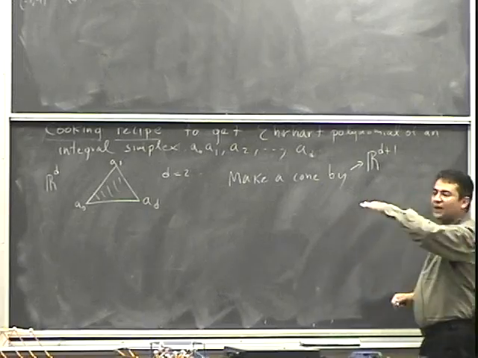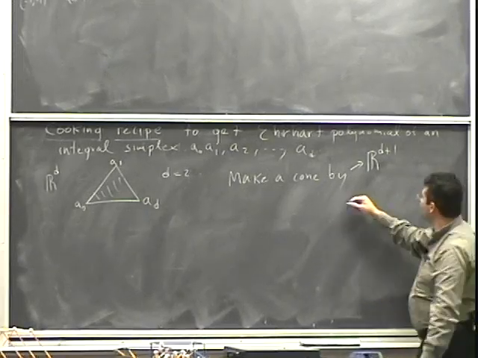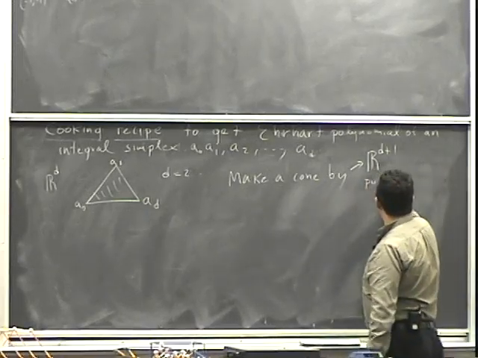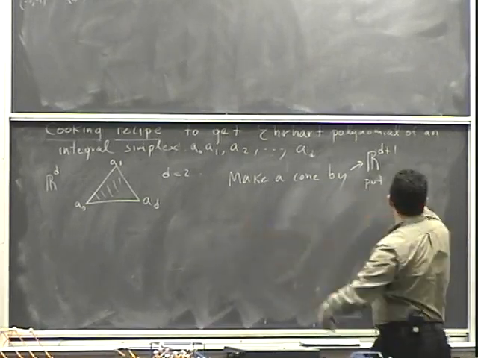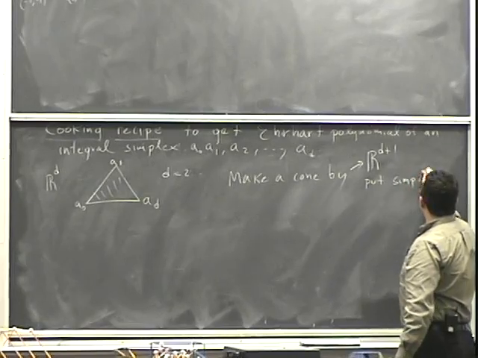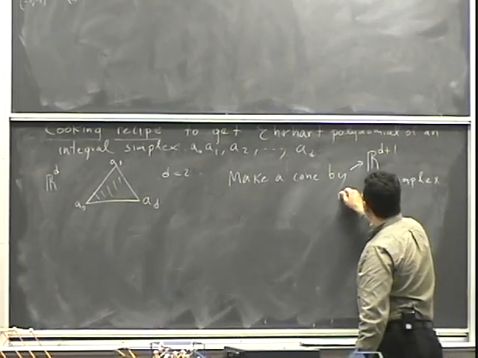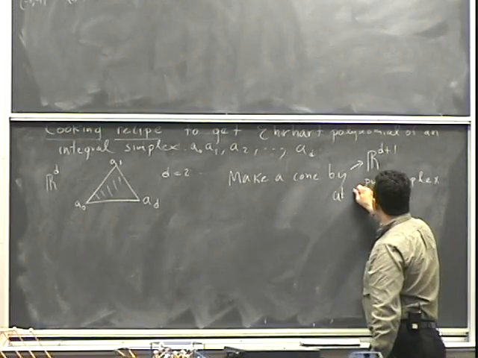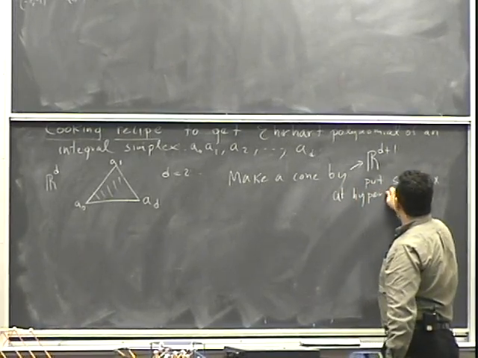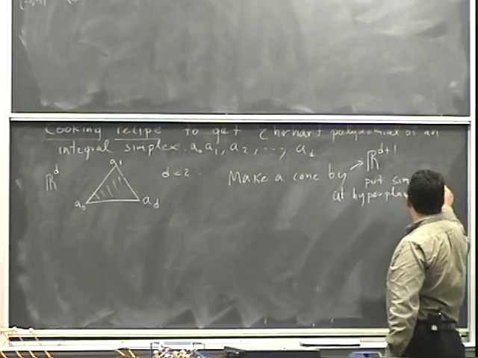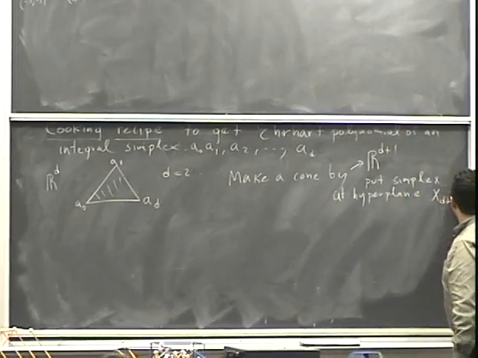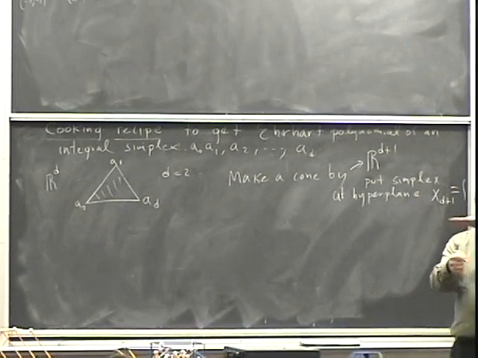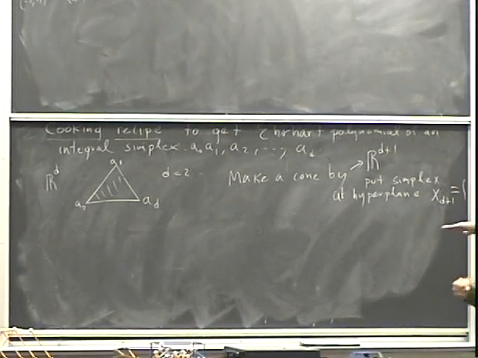You put it in the plane of level 1. So put the simplex at the hyperplane x_(d+1) equals 1. So this is the hyperplane where the last coordinate is 1.